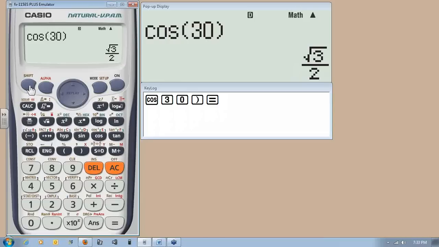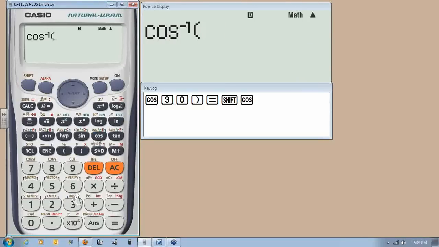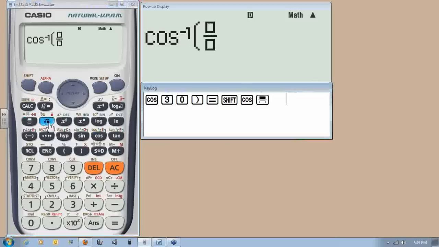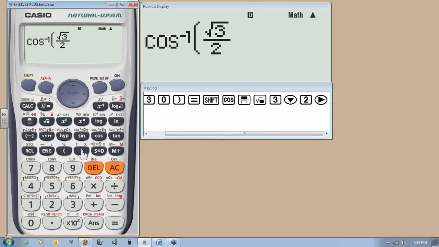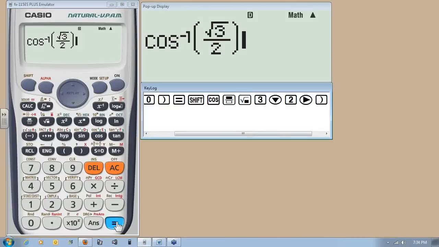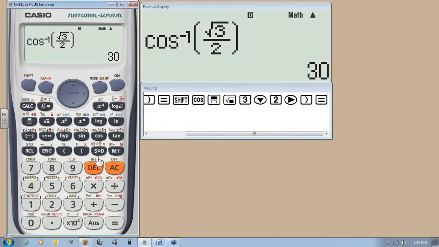Or I can work backwards. Arc cosine. What angle has a measure, or what's the size of the angle, that has square root of 3 over 2 as its radian measure, or its measure? 30 degrees.